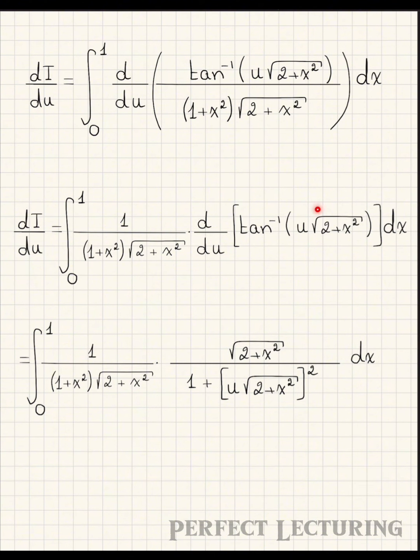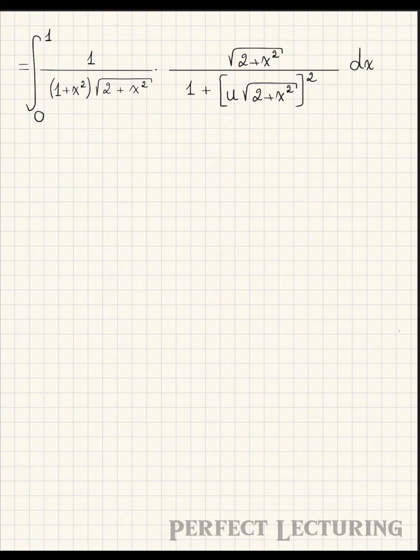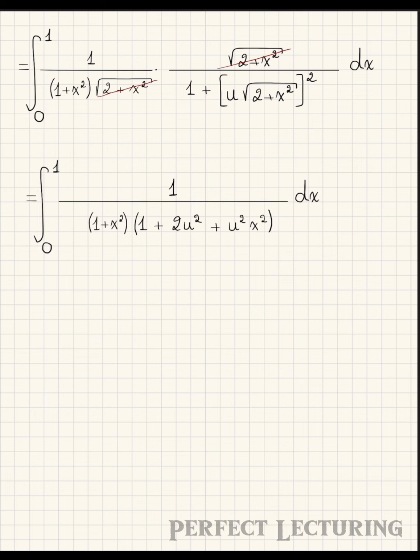The derivative of the inside with respect to u is the square root of 2 plus x squared, and it's divided by 1 plus whatever you have inside to the power of 2. So we can cancel this factor and this factor, and we can introduce the square here, and we end up with this integral. How would I do this integral?